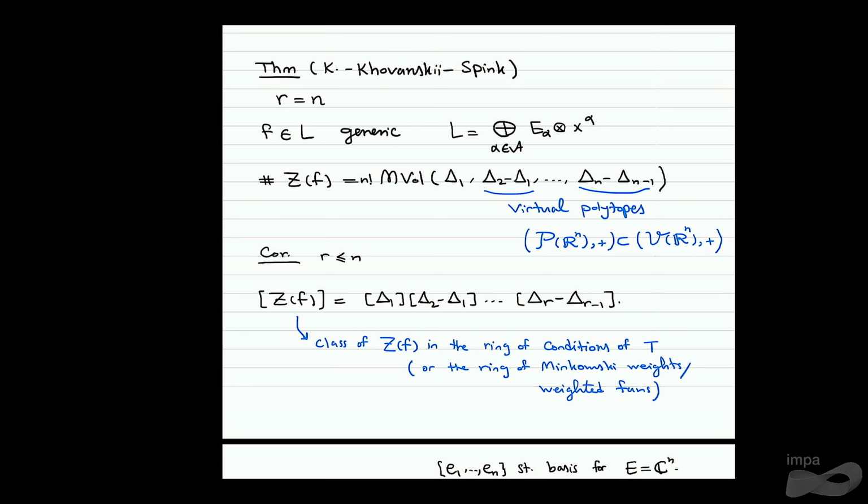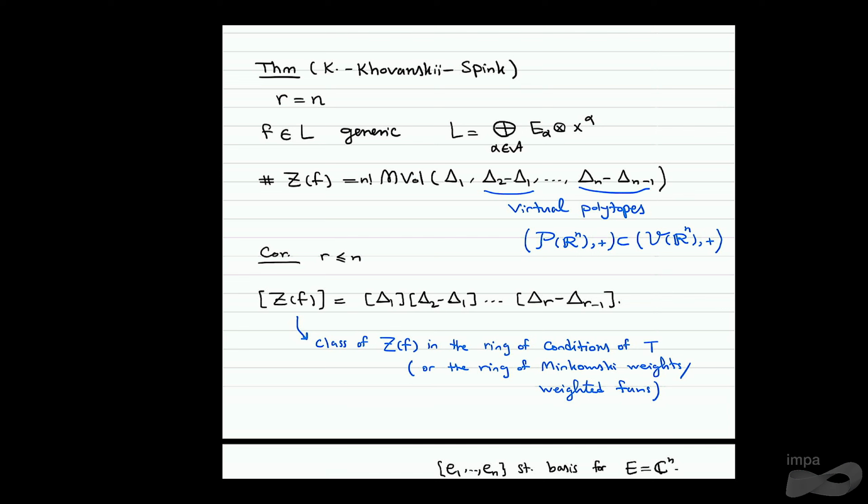Another way of thinking of the ring of conditions is the limit of all cohomology rings or Chow rings of all toric compactifications of the torus. And each subvariety in the torus defines a class in that ring, basically a limit of all Chow rings. And it has a combinatorial description by weighted fans, which Kris mentioned this morning.